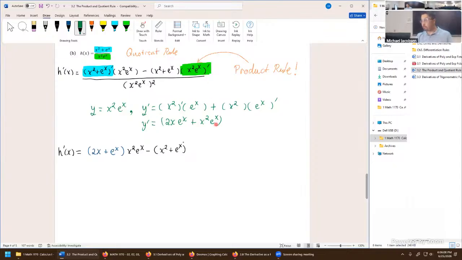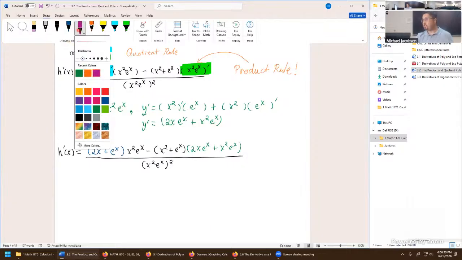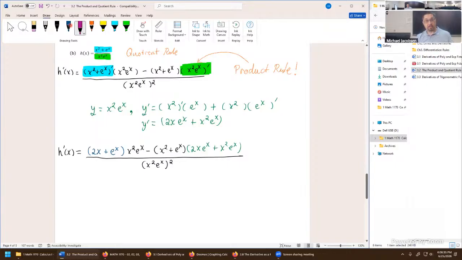We have it down here. Don't forget the parentheses, 2x times e to the x plus x squared e to the x, all divided by x squared e to the x, squared. And finally, this is where the calculus ends, right at this step. Before we go on to the next stages, simplifying the function, any questions at the moment?